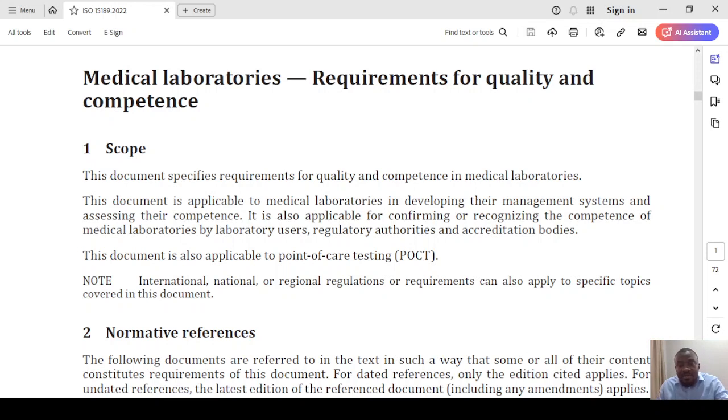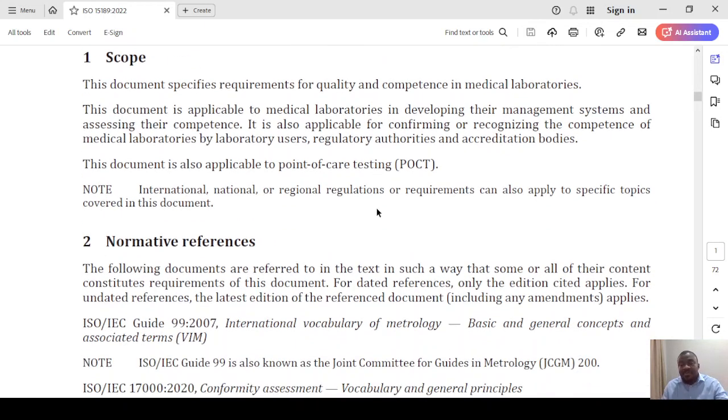So going back to our clause, which is now the scope. We are just finalizing the scope, and we talked about initially that this standard is also applicable to point of care sites. So if you are running tests at the maternity ward, sometimes people run tests at the ART clinic, sometimes they run tests from different wards, as long as it is a point of care test, you have to make sure that the requirements of this standard are met at that desk where they are running those tests in the maternity ward.